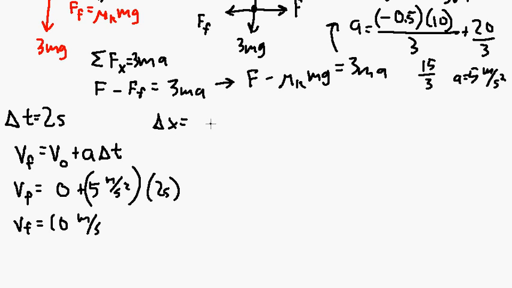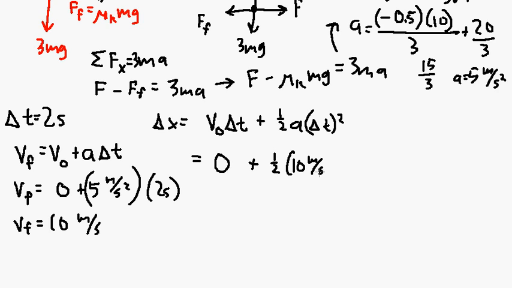And then delta x equals, let's see, v naught times delta t plus 1/2 a delta t squared. So v naught was 0, of course, and 0 times the 2 seconds is still 0, plus 1/2 times 10 meters per second squared times 2 seconds squared.